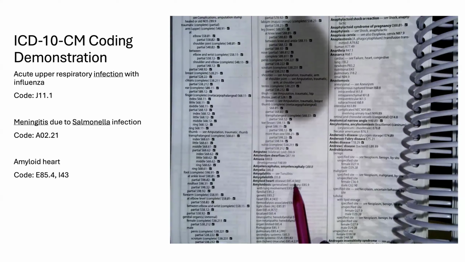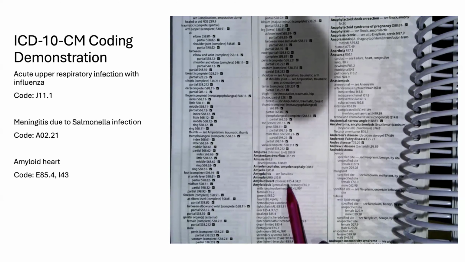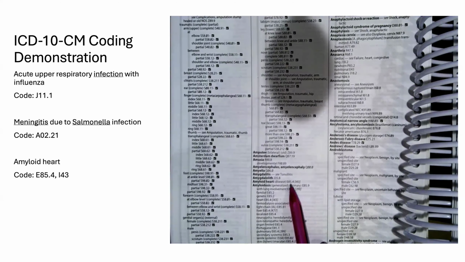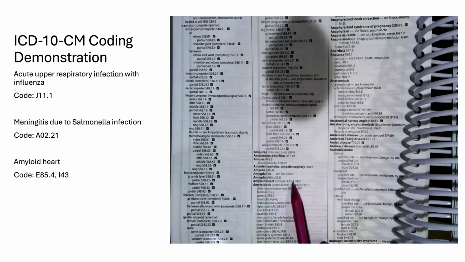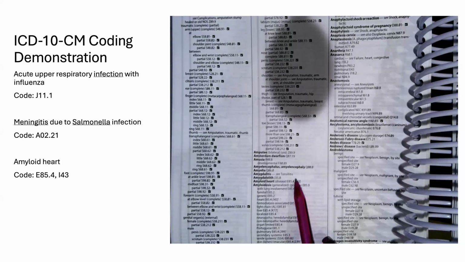Remember that. It uses capital letters to help you not confuse your letters and numbers, because that could easily look like a lowercase L. That is an I. So on your scratch paper, write down E85.4 and I43. Those are the 2 codes we need to fully capture this particular condition.